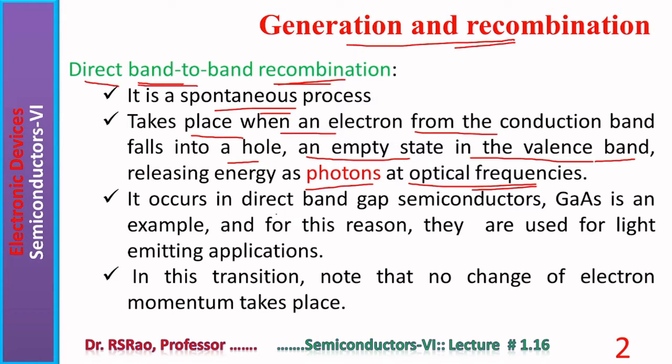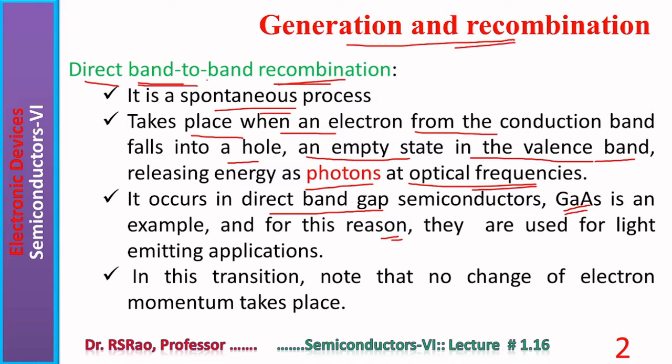It occurs in direct band gap materials, and gallium arsenide is an example for such type of material. For this reason, direct band gap semiconductors are used for light emitting applications. In this transition, note that no change of electron momentum takes place.